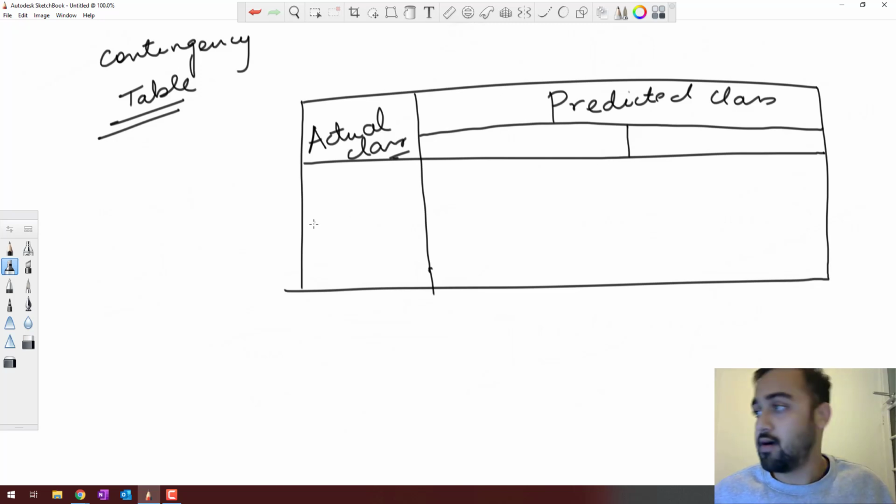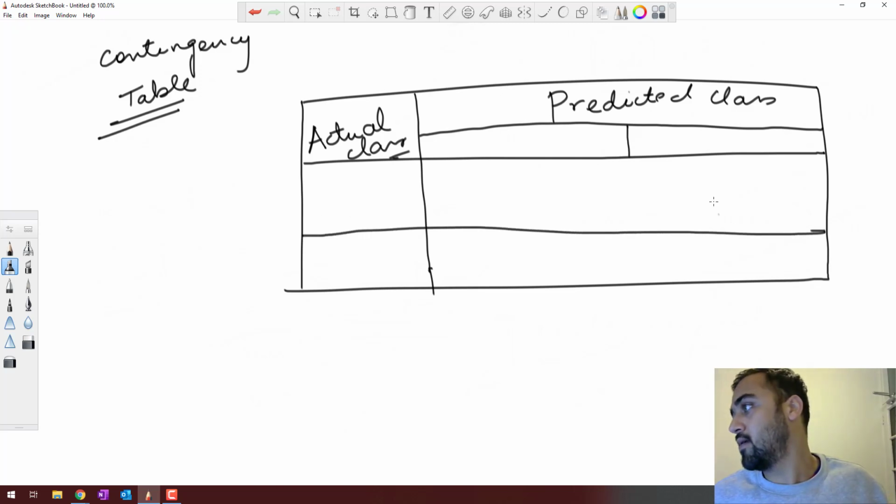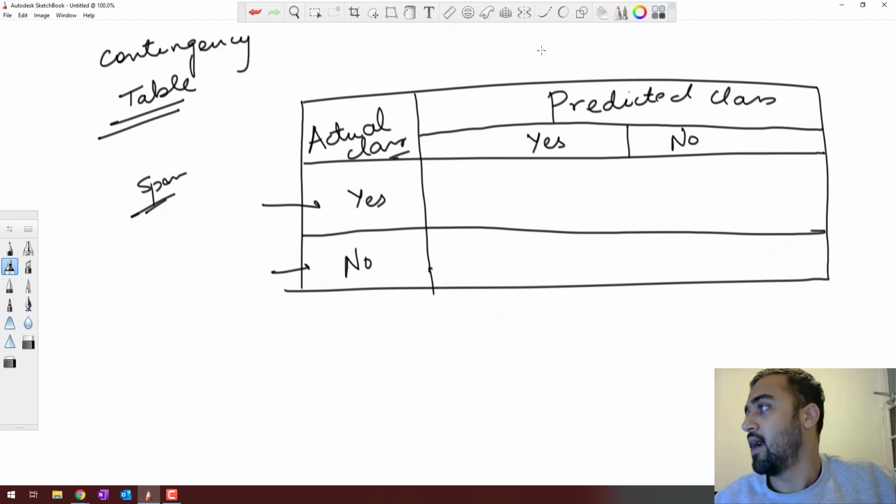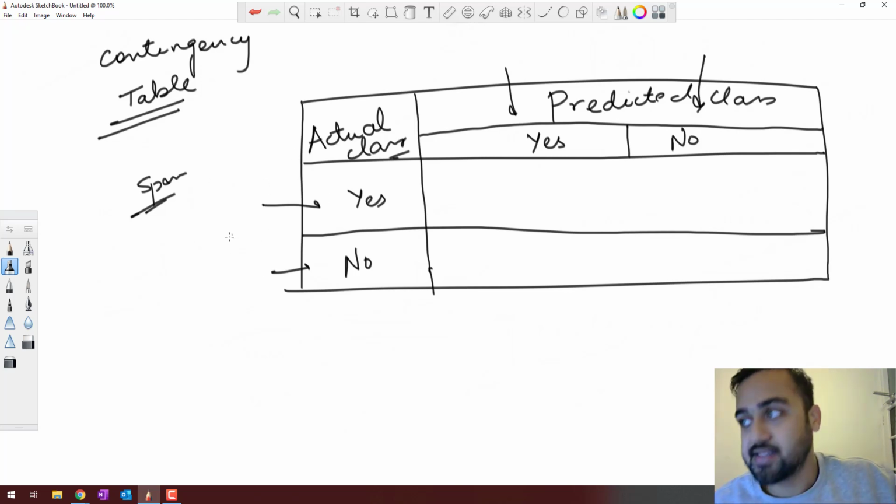Let's say we're talking about just yes and no. If you're talking about spam, the actual classes are spam and ham, and the predicted classes will also be spam and ham, right? So this is two class classification.